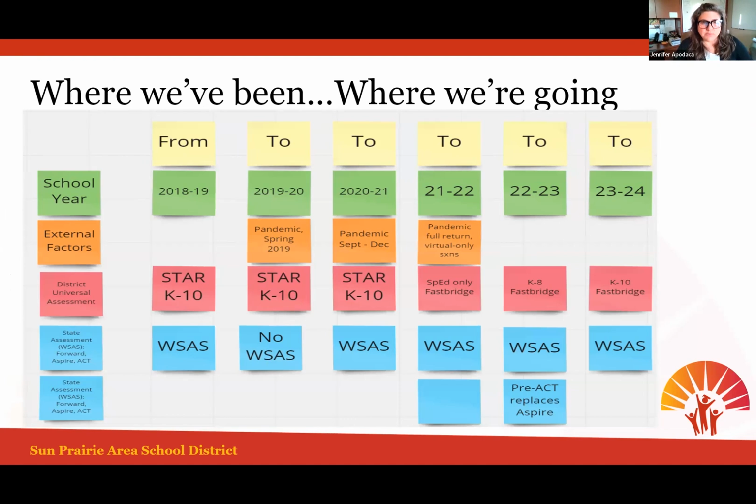Lastly, this slide is one more visual representation of the factors that have influenced the reporting measures for SR2 in literacy and numeracy since the 2018-2019 school year. You can see the pandemic years reflected right here. You can see the screener transition reflected right here in this fuchsia row.